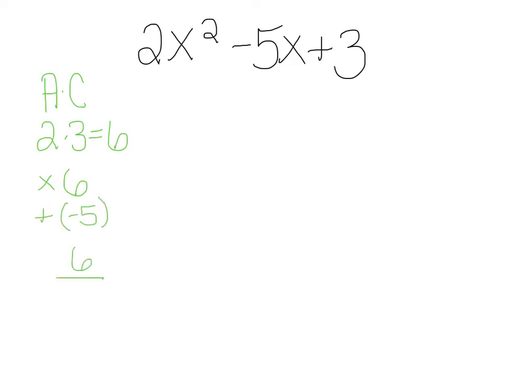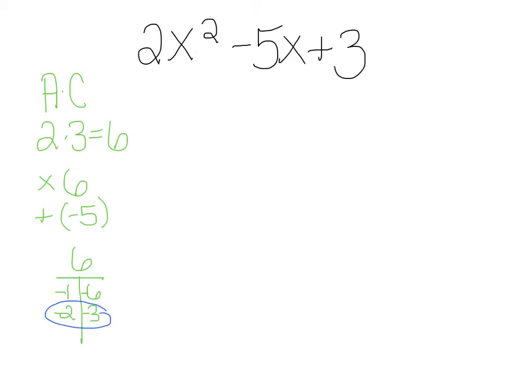So if I look at my factors of 6, I've got 1 and 6. I've got 2 and 3. Now, I need to get to negative 5, and all of these are positive, so I know that they're actually going to be negatives. Negative 2 and negative 3 give me negative 5.